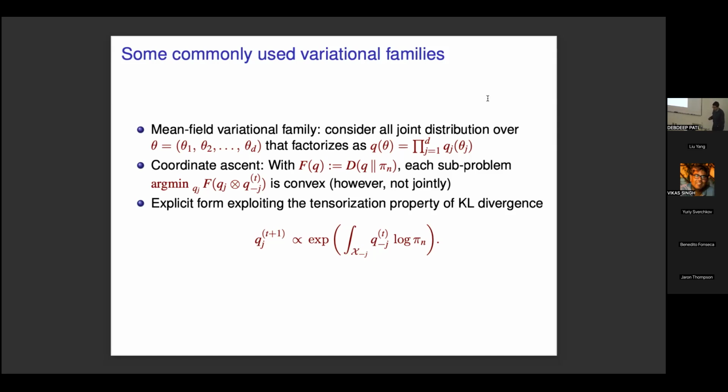More specifically, one can run a coordinate ascent algorithm by updating one variable at a time, fixing the remaining variables. And in doing so, each of the subproblems is convex. And even more, by exploiting the tensorization property of KL divergence, one can explicitly write down the update of the jth coordinate in terms of the other coordinates.